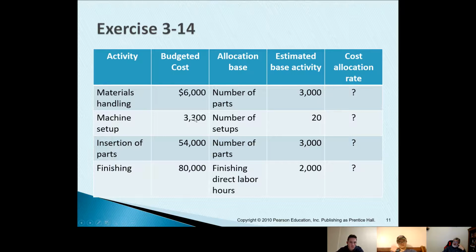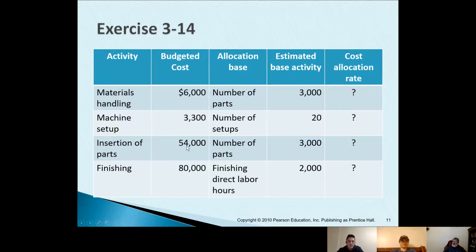My budgeted number of setups is 20. So to make one of these parts, it could have taken many different setups on the machine. I'm paying the machinist $3,300, and he's doing 20 setups. Okay, so do the math real quick. What's this one? Yeah, $165.